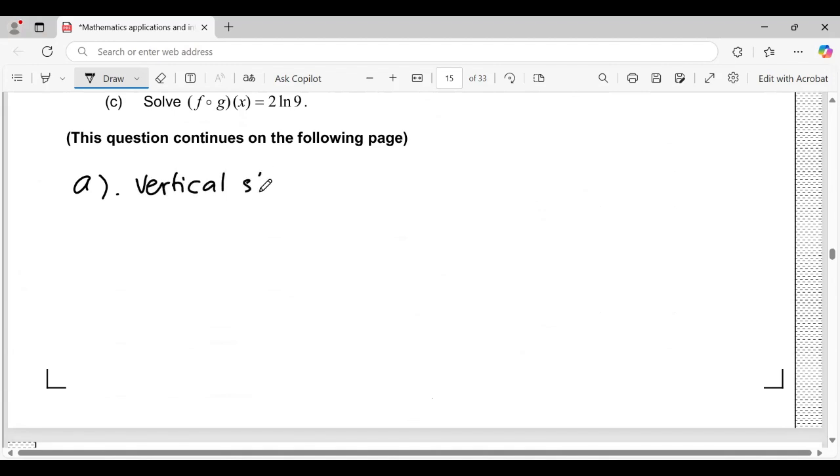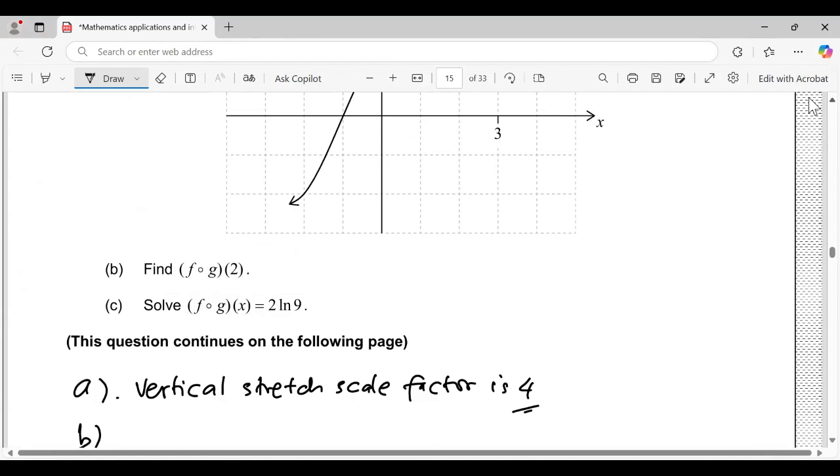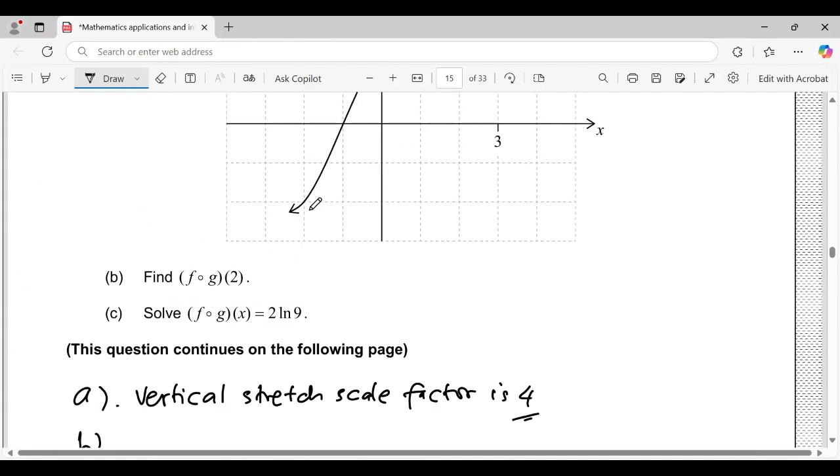The vertical stretch scale factor is 4. B, find f of g(2).